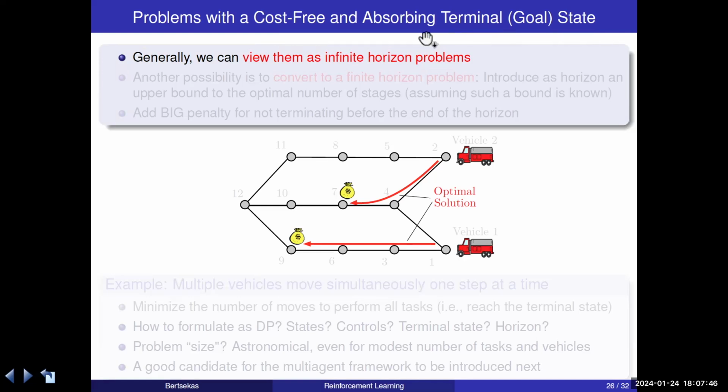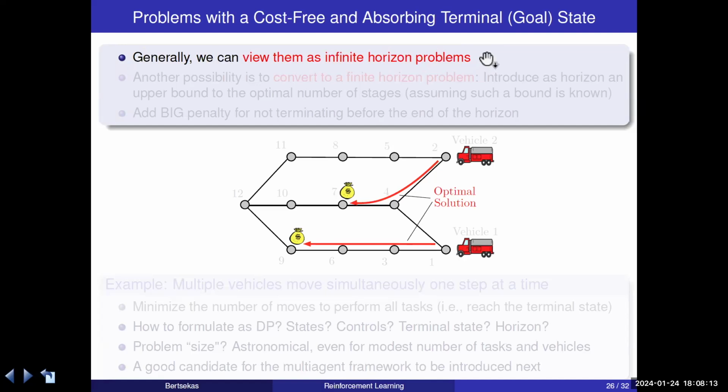Now, dealing with such problems can be done in several ways. One possibility is to view them as infinite horizon problems, even though you expect that you're going to terminate in a finite number of steps. And that may be a matter of convenience, or there may be some conceptual value to it.